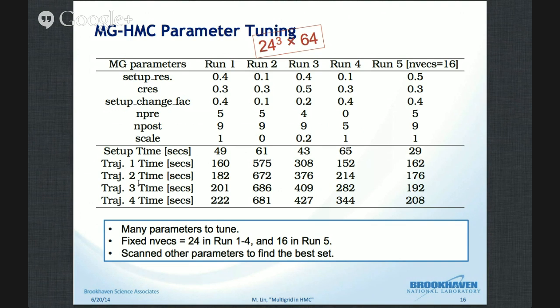No, but if you look at the first example, you see almost the same behavior for a larger number of vectors. Run 1 and run 5, the evolution over the trajectories is almost the same. You go up from 160 to something about 200. So there's not much difference from changing the number of vectors.